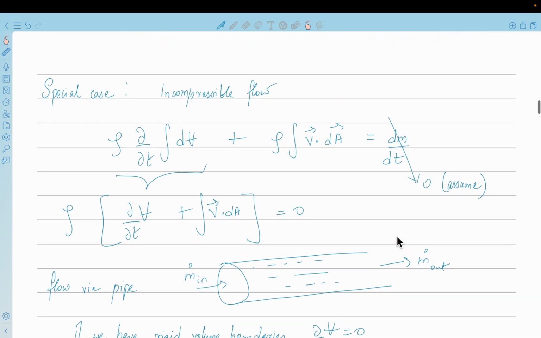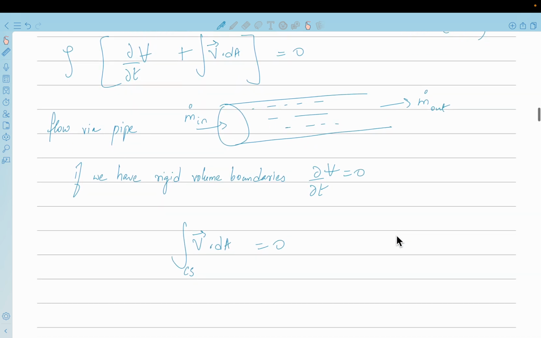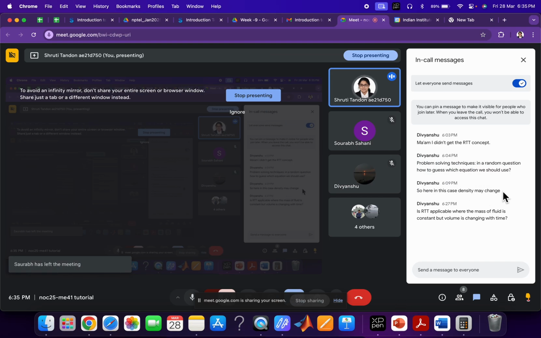And this you have also seen earlier: when we have incompressible flow, we conserve a quantity called flow rate, right? So the flow rate Q is nothing but the integral of V dot dA. Okay, so I hope that answers your question. And then you have asked, is RTT applicable where the mass of fluid is constant but volume is changing with time?